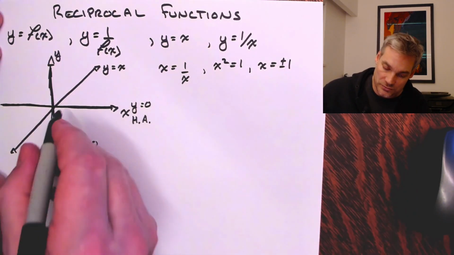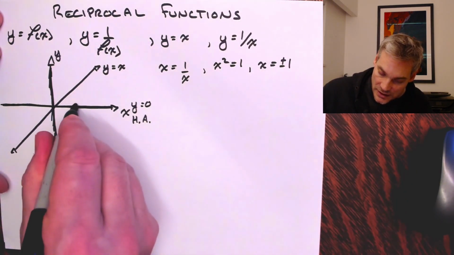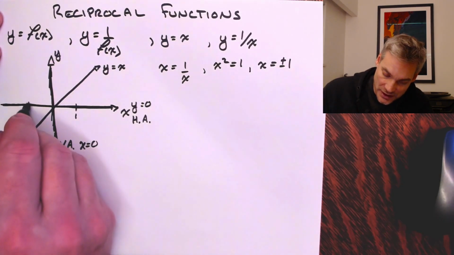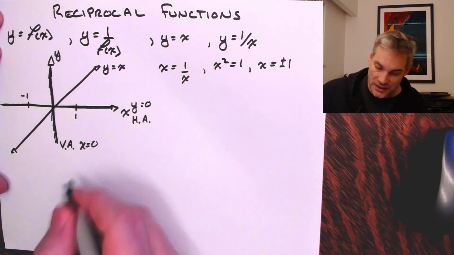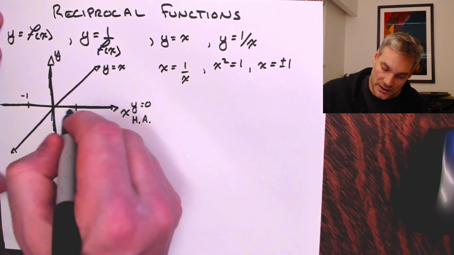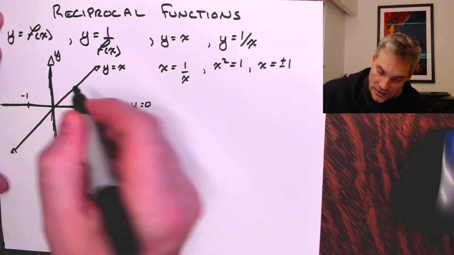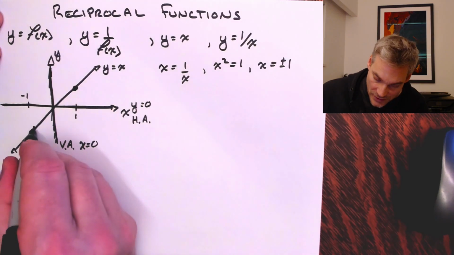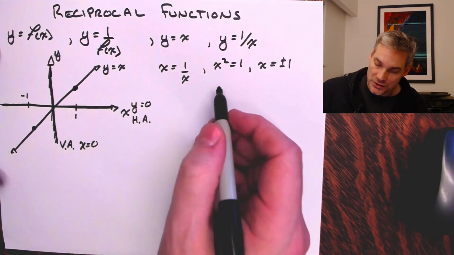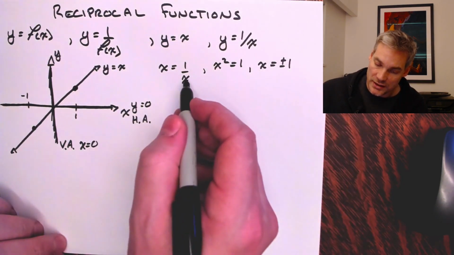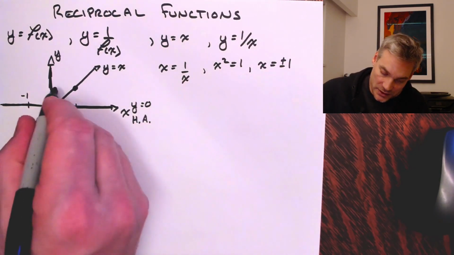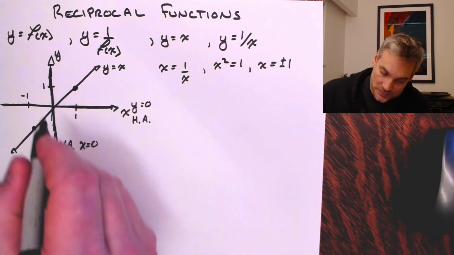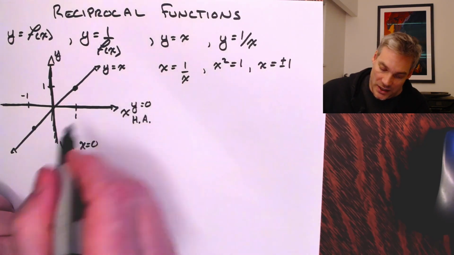So when x is 1 and when x is minus 1, they're the same. Here's my graph. There's a point there, and there's a point there. If x is 1, then y is 1, right up here. And if x is negative 1, y is negative 1.